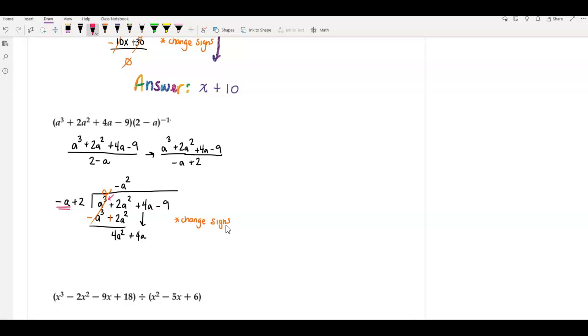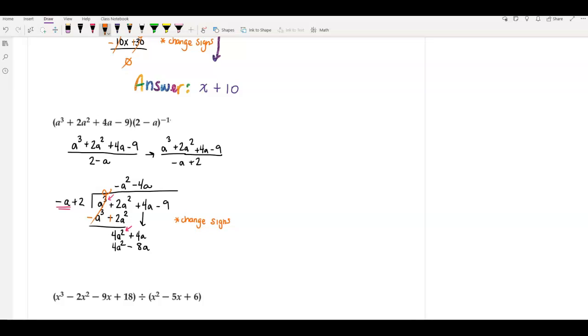So what do I need to multiply negative a by to get positive 4a squared? Well, I need a negative 4, and then I need another a. So now negative 4a times negative a gives me that positive 4a squared. Negative 4a times 2 gets me negative 8a.